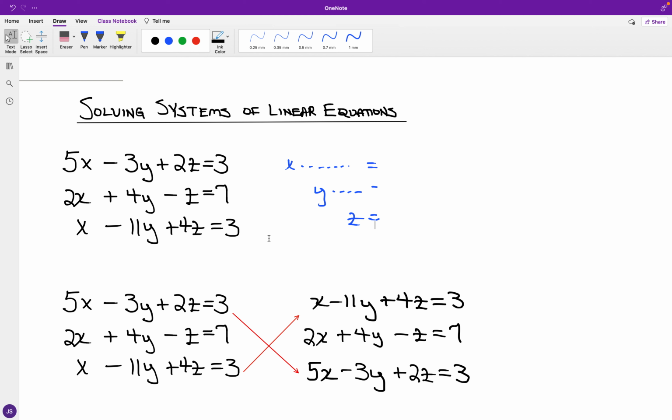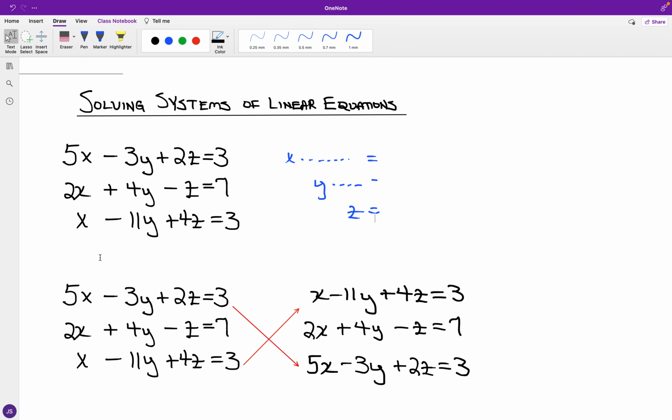in terms of x. Notice that for these three equations, we have the leading terms 5x, 2x, and x. Now you could keep the equations as they are, but since the last equation has 1x, what I decided to do is just interchange the positions of the first and the last equations.